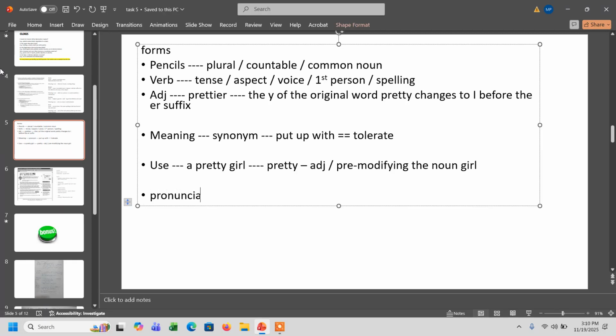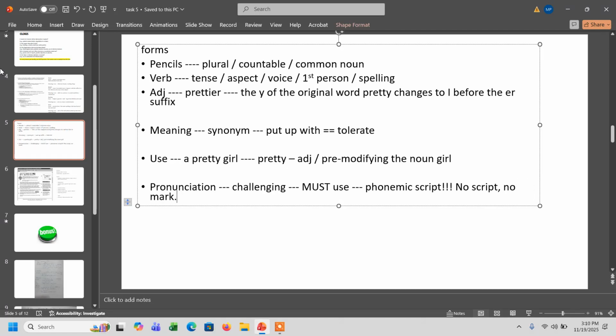And for pronunciation, this is the most challenging one for me, which is why I wrote down a lot to memorize the phonetic samples. You must use, my friend, phonemic script. My friends always remind me, no script, no mark, whenever we talk about that one.